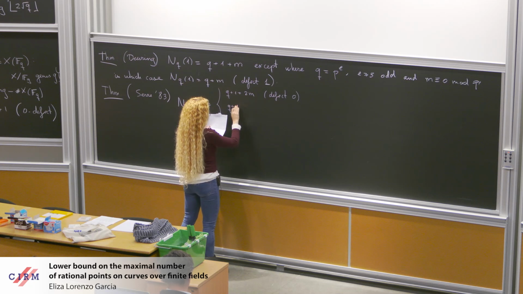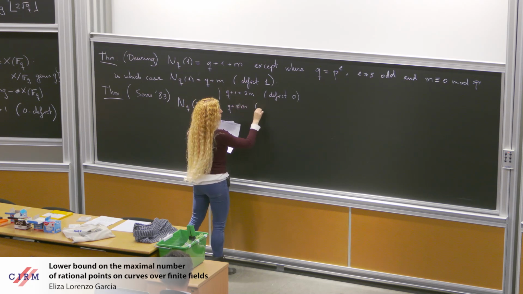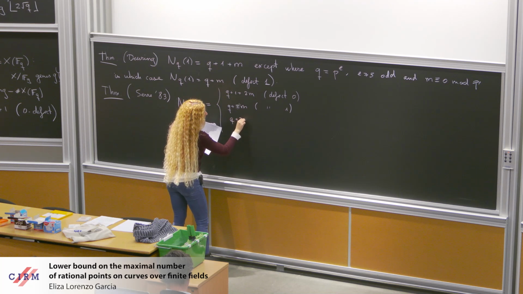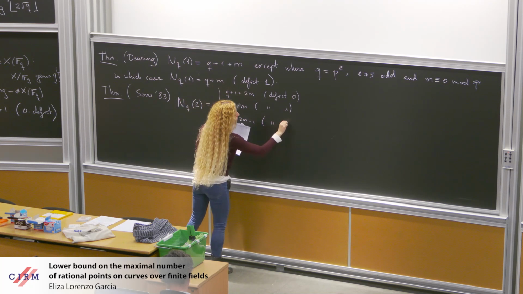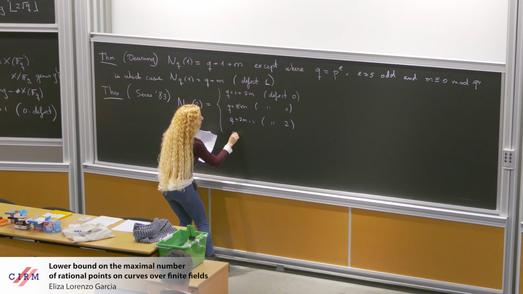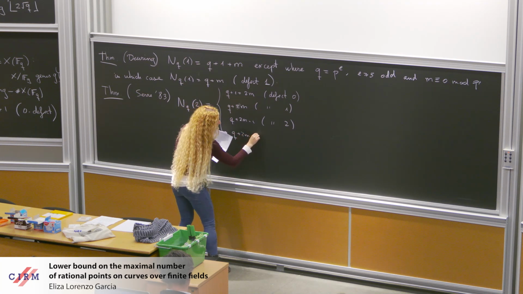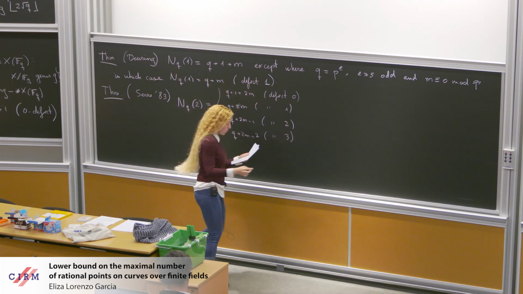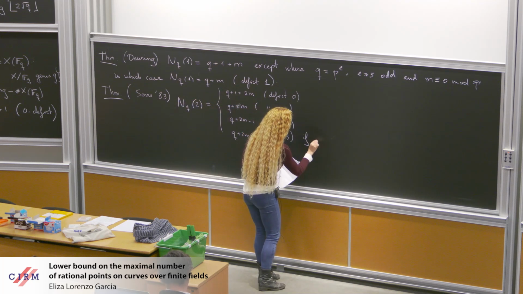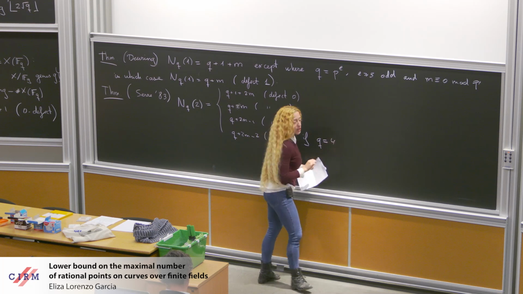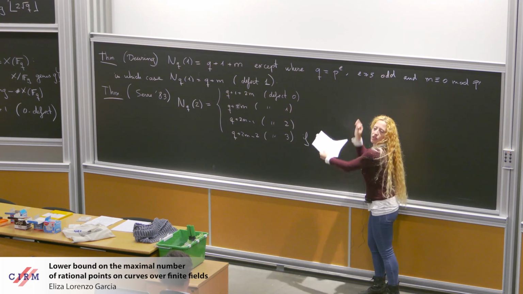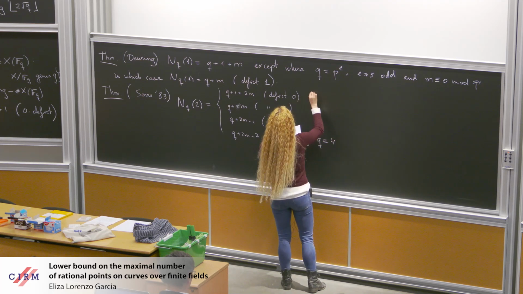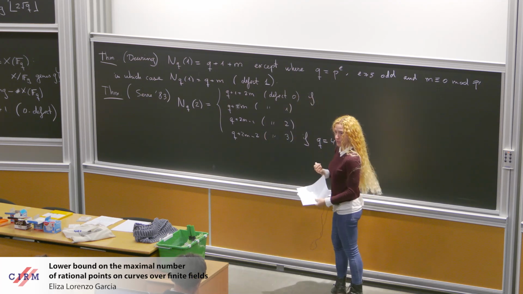Q plus m, so defect 1. Q plus 2m minus 1, so defect 2. Or a very bad case in which we get defect 3. This very bad case only happens when q is equal to 4, so we could even ignore it. The defect 0 case is kind of generic.